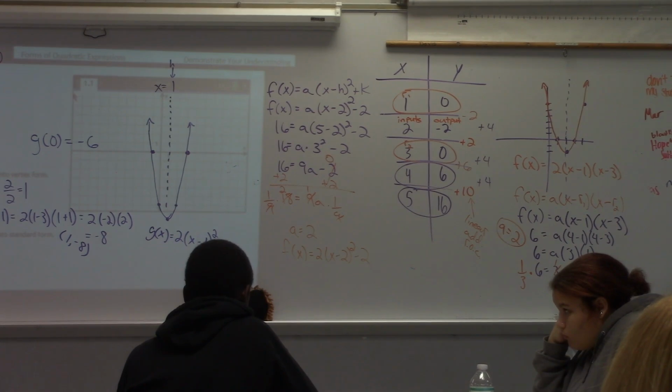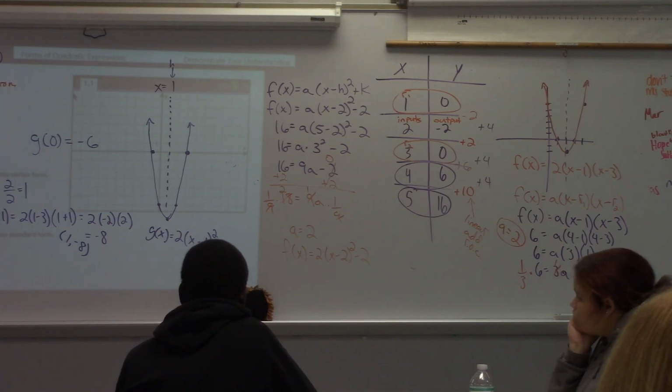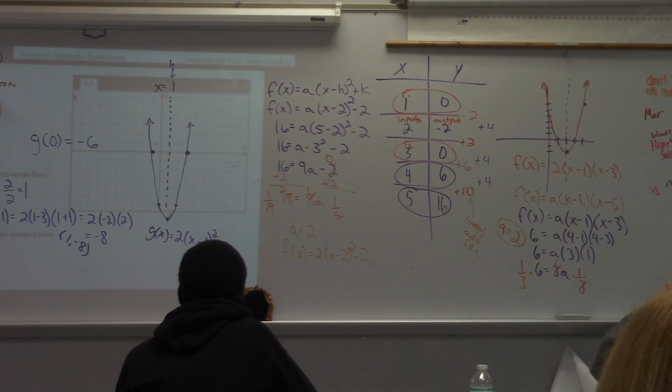So let's do this. Standard form, so graph and features from standard form, from factored form, vertex form, okay, and then converting among forms, and finally writing equations.